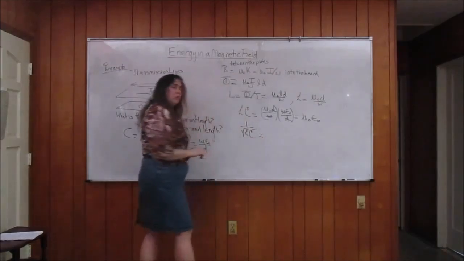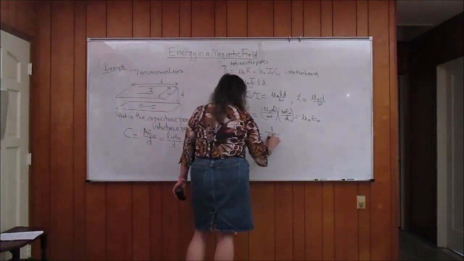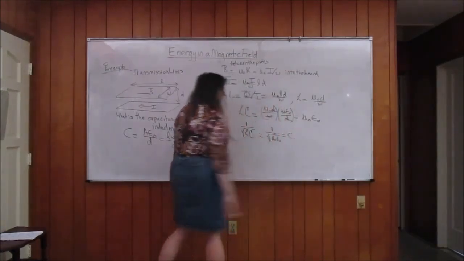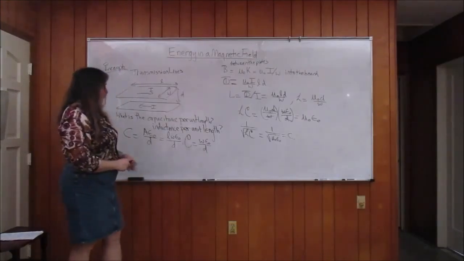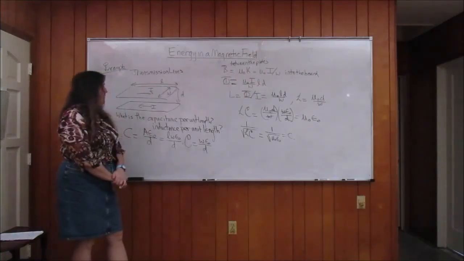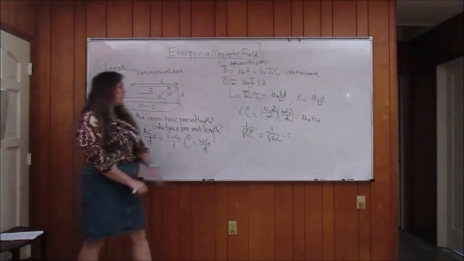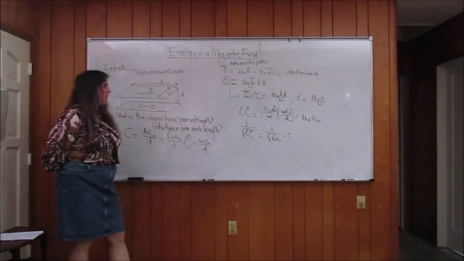Well, if we do 1 over the square root of that quantity, that's just equal to the speed of light. So the interesting thing is that this is actually a constant, independent of the actual dimensions, and 1 over the square root of it is equal to the speed of light.